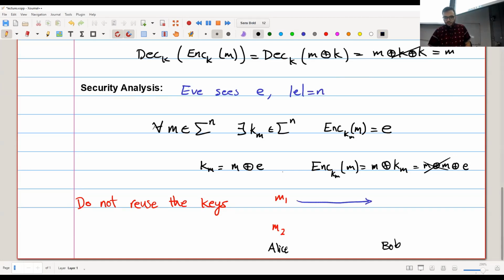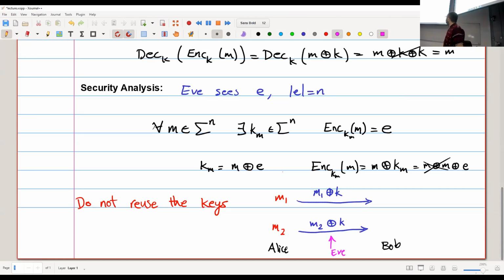So what I'm sending here, which becomes public, is M1 XORed with K. And when I send M2, what I'm actually sending is M2 XORed with K. I'm using the same key, right? And actually, Eve can intercept all of these things. So Eve sees both of these numbers.